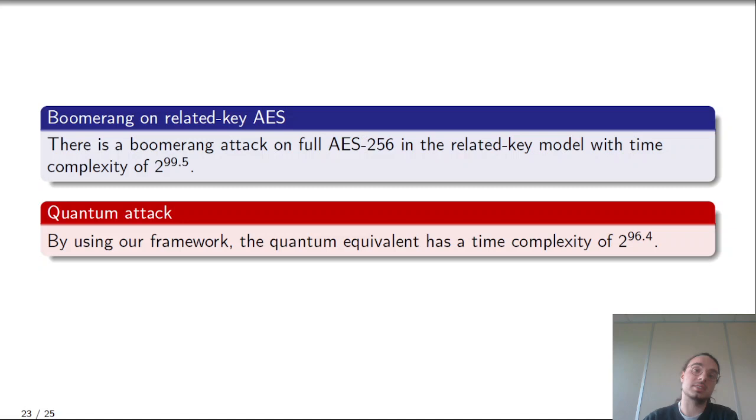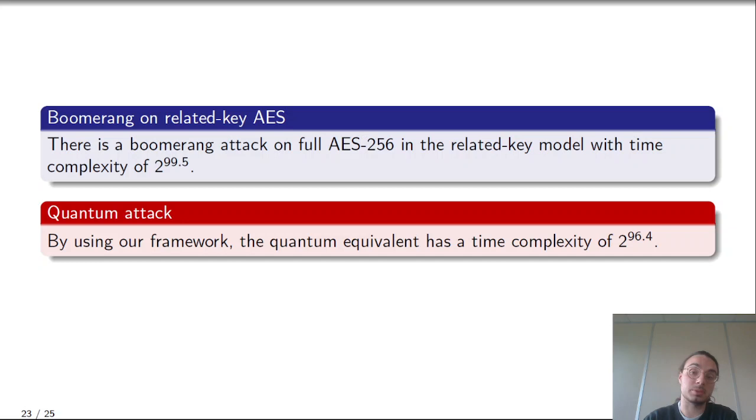And then there is also an attack on related-key AES. There is a boomerang attack on the full AES in the related-key model with time complexity 2 to the 99.5.